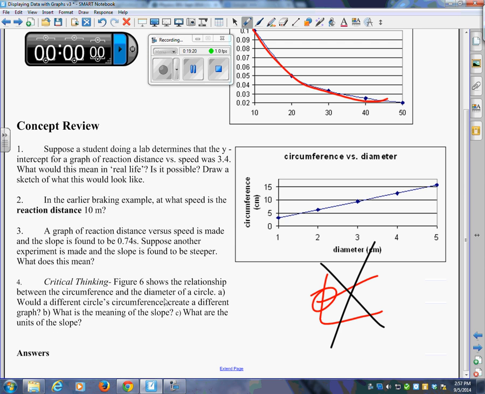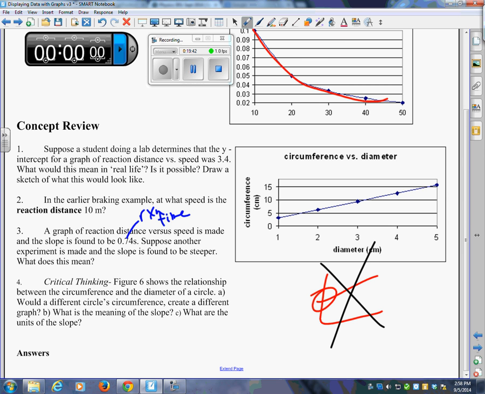Now, here's where the questions get a bit harder. Number 3. A graph of reaction distance versus speed is made, and the slope is found to be 0.74 seconds. That is the reaction time. Suppose another experiment is made and the slope is found to be steeper. What does it mean?